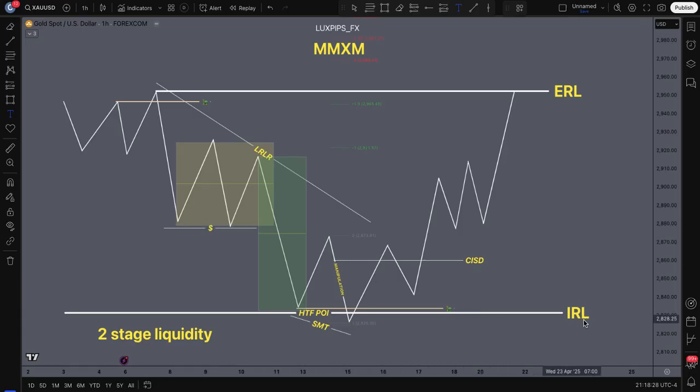Another thing you need to know is IRL and ERL is also liquidity. So this accumulation zone right here is your first stage. When price finally comes into the POI right here, it's your second stage. Now you can expect price to start its buy-side curve.